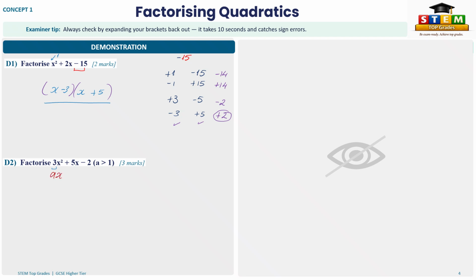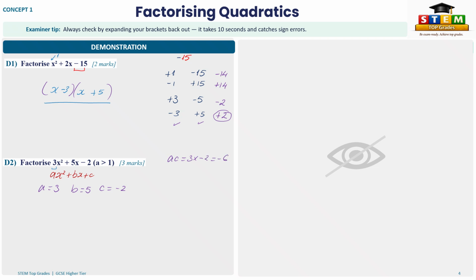We've got ax squared plus bx plus c, so you can see that A equals 3, B equals 5, and C equals negative 2. The AC method requires you to multiply A and C together. So you're going to get 3 times negative 2, which gives you negative 6.